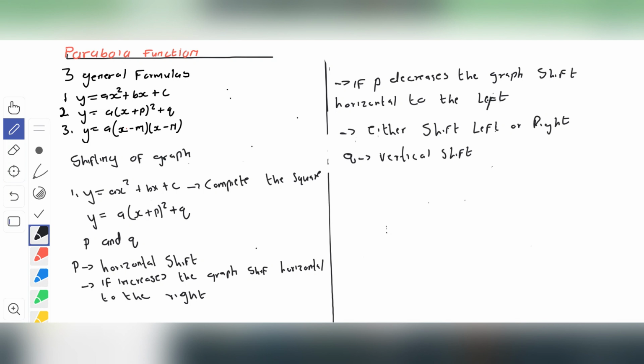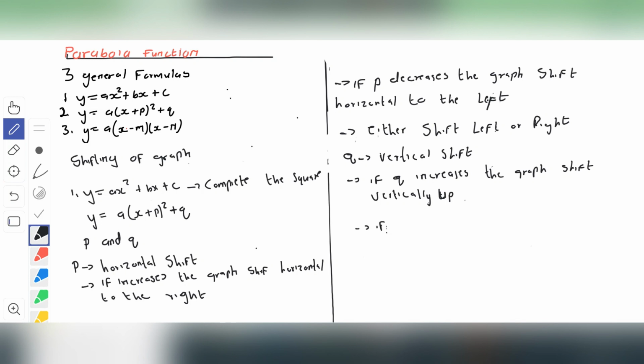If Q increases, the graph shifts vertically up.